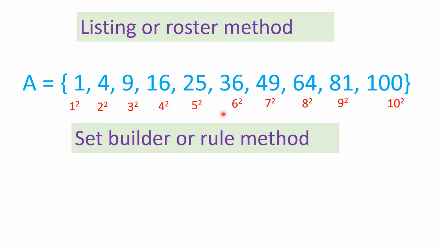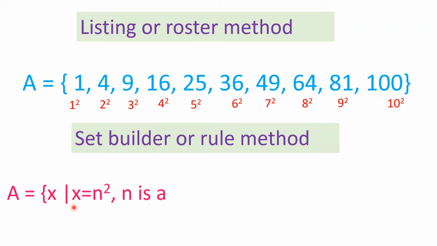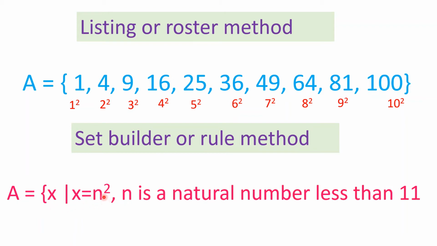This gives us the rule for the membership of the set. And we write this set in the set builder form. A is a set of all x such that x is equal to n square, where n is a natural number less than 11. We have squares of natural numbers up to 10, so up to 10 we can write as less than 11. x is equal to n square, n is a natural number less than 11.